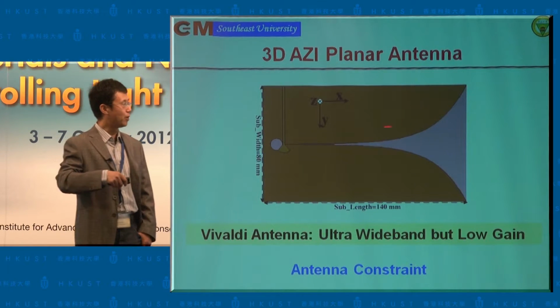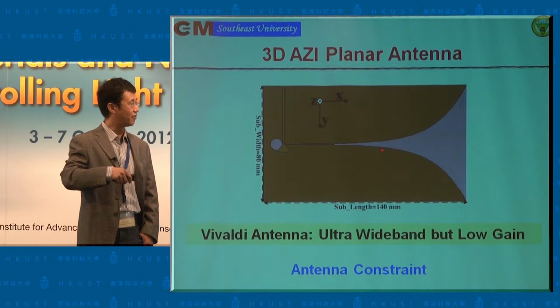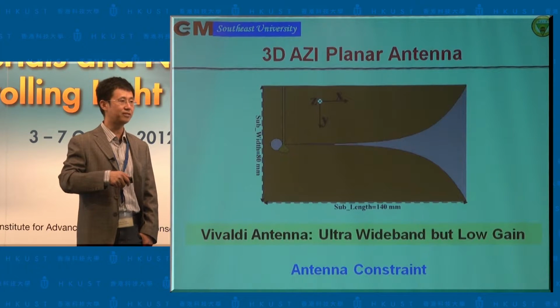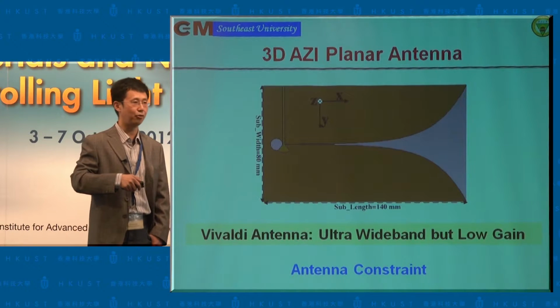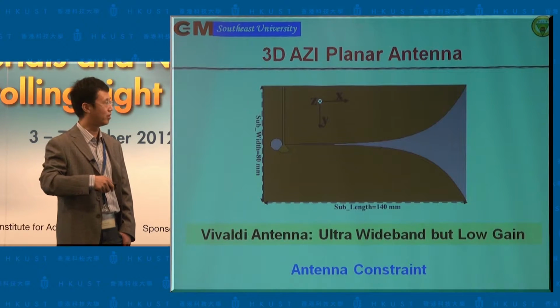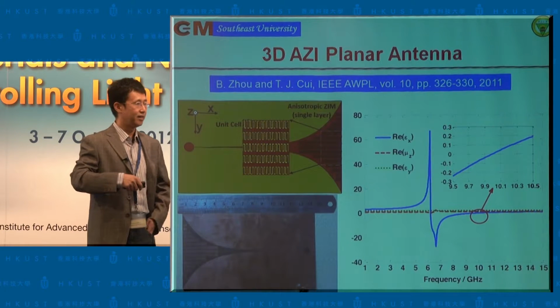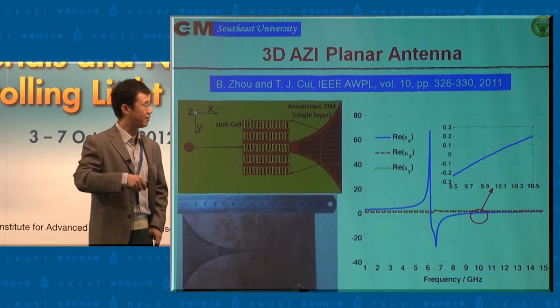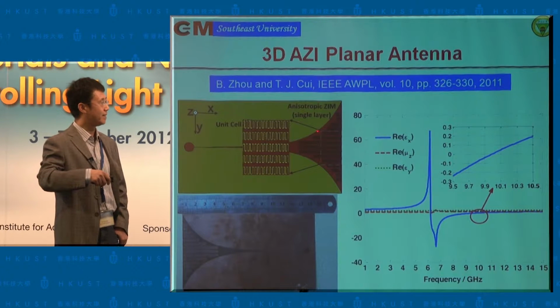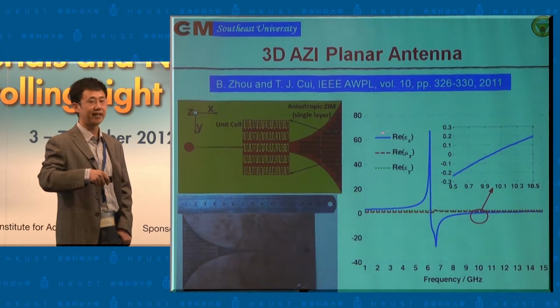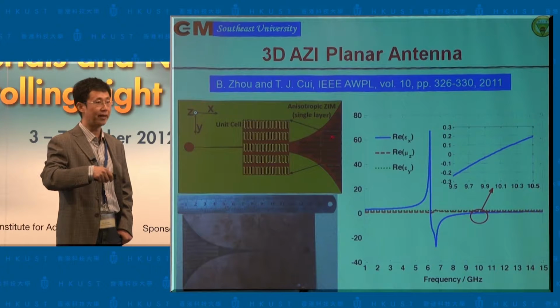So right now, we want to improve the gain of the Vivaldi antenna without destroying its original good property of wide bandwidth. This is the design we make. Based on the original Vivaldi antenna, we didn't increase the size of the antenna. We just make an isotropic zero-index metamaterial in this open area.